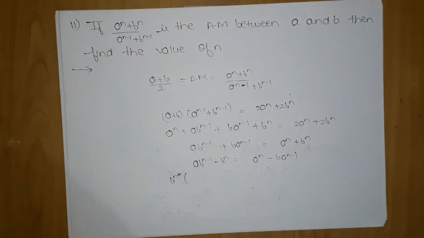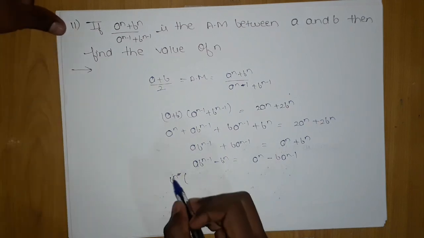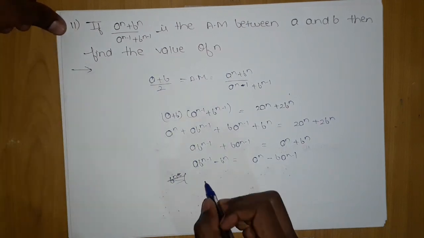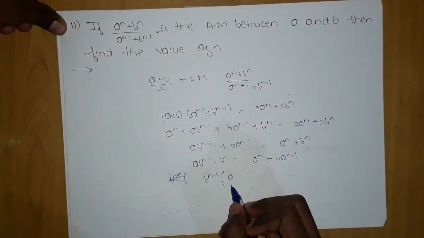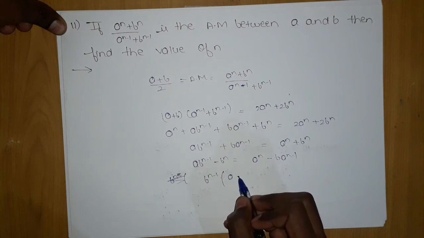If I take b^n common, my n will cancel out, but I want to find the value of n. So I will not take b common, instead I will take b^(n-1) common, which will give me here, if it is b^(n-1) common, if I move it that side, it will be a.